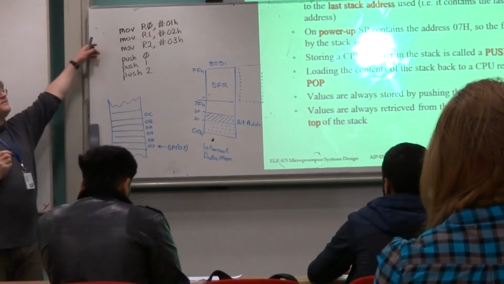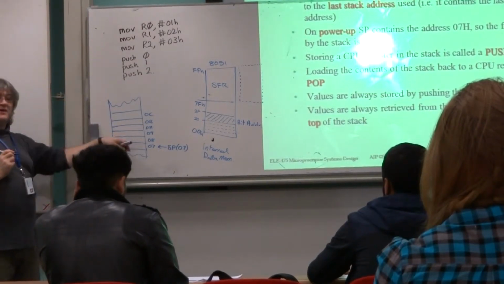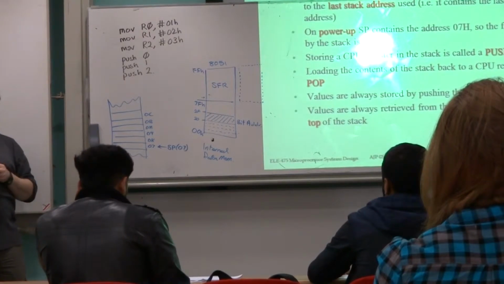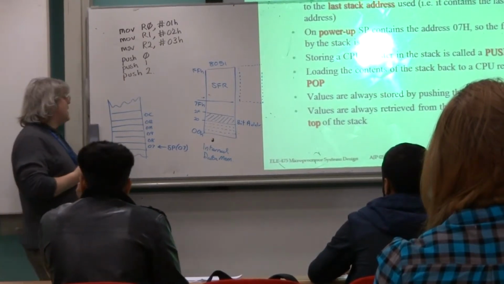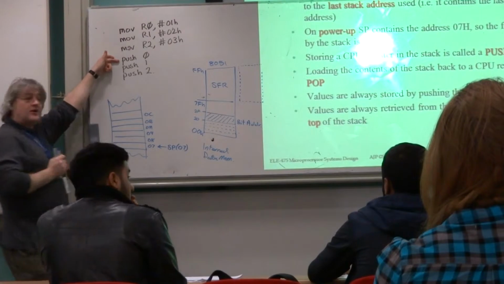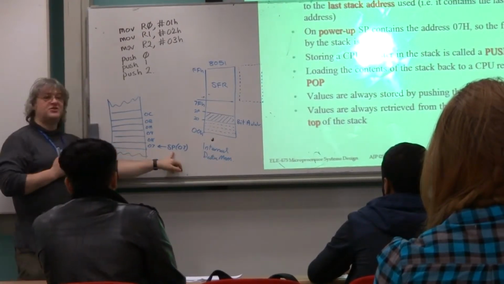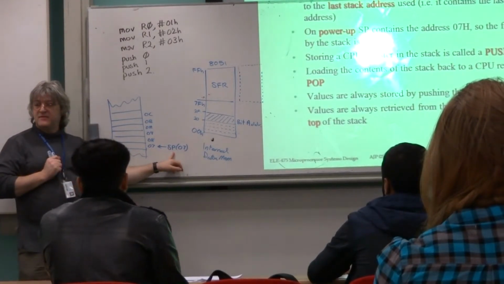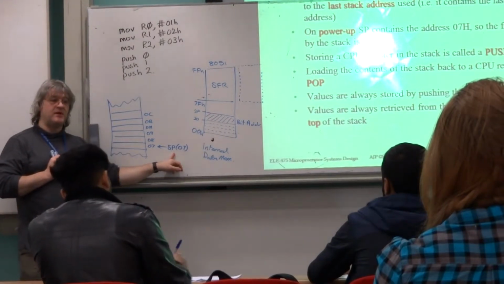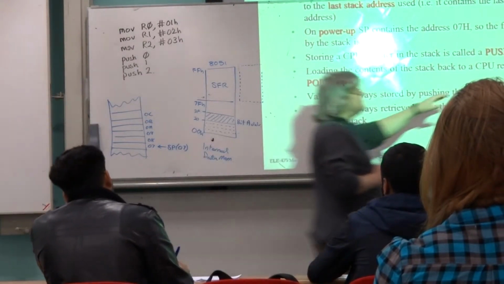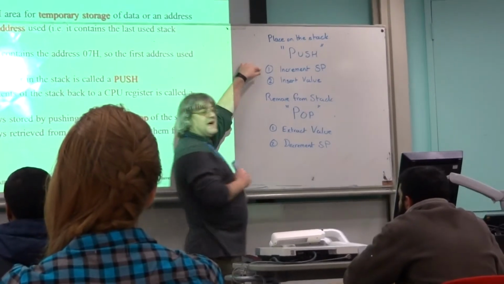Now let's see what happens if I was to execute that little program to this bit of memory. When I execute push 0, the stack pointer is initially pointing to 07 in my internal data memory. But we do what it says to do up here. So step 1, add 1 to the stack.